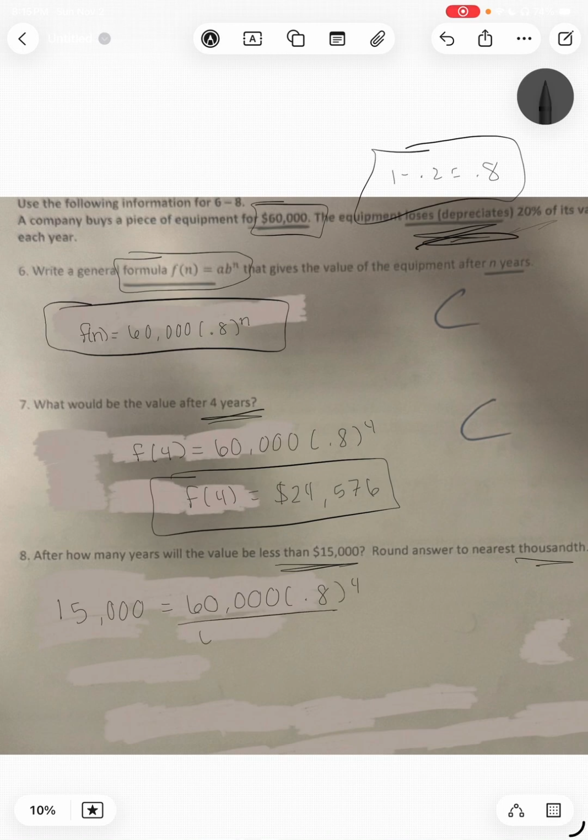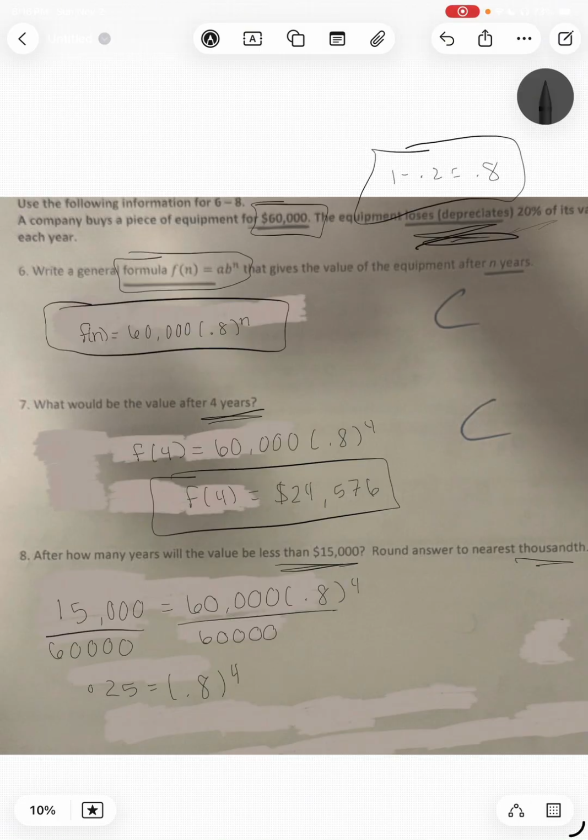We divide by 60,000 on both sides, and that gives us 0.25 equals 0.8 to the power of n. And now we could do it this way, 0.25 equals 0.8 to the power of n.